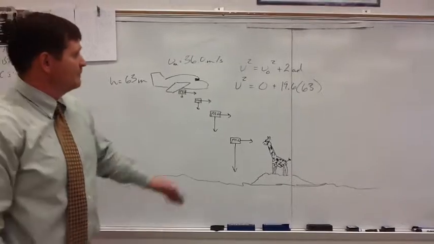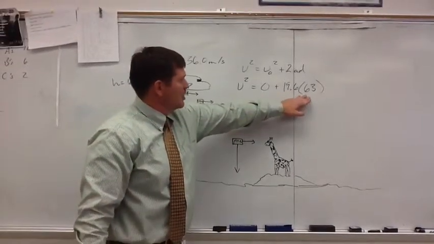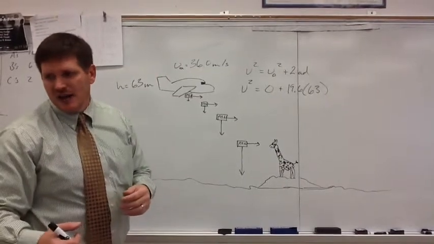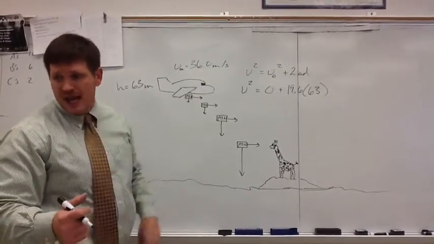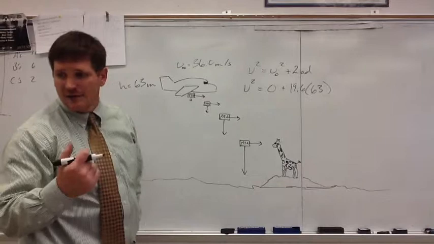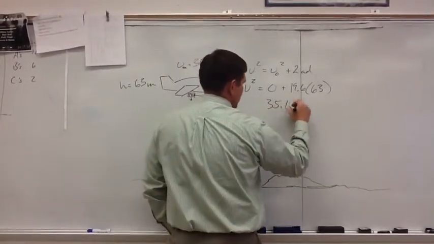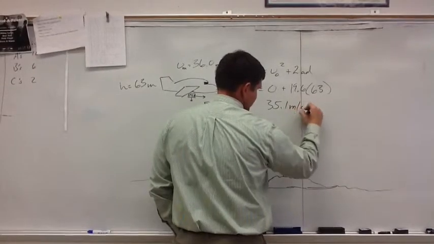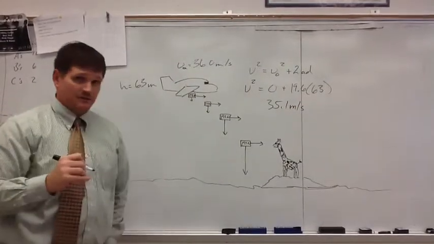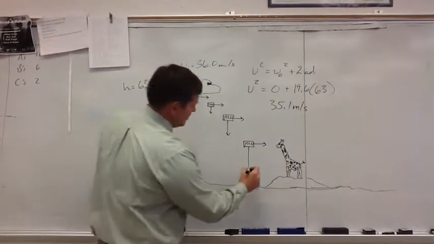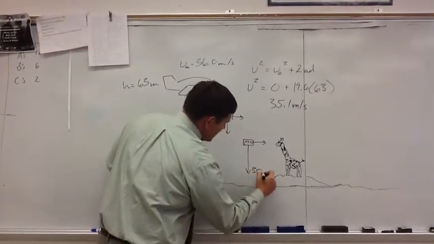So we drop it down and figure out the work on this. 19.6 times 63. I've got my magical calculator right here. It's already done for me. And I figure out that I have 35.1 meters per second. So the 35.1 meters per second is my velocity at the very bottom, down here, right when it hits.